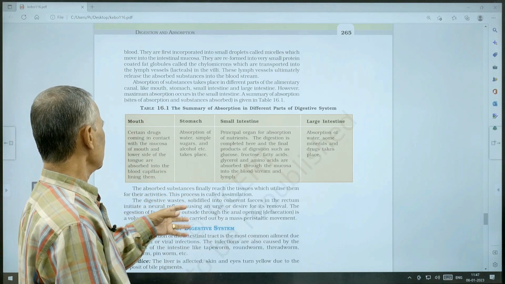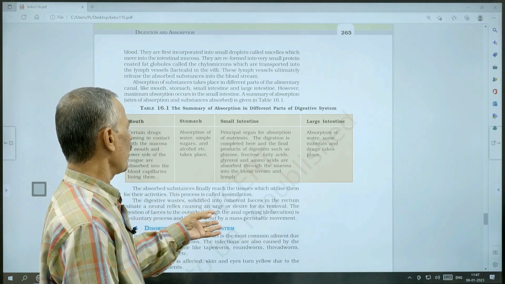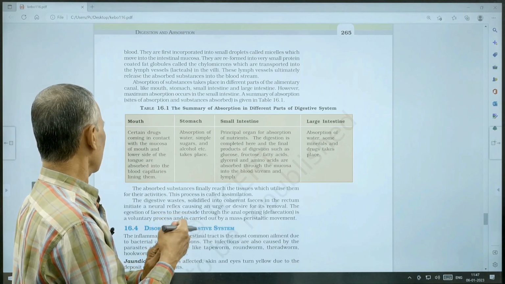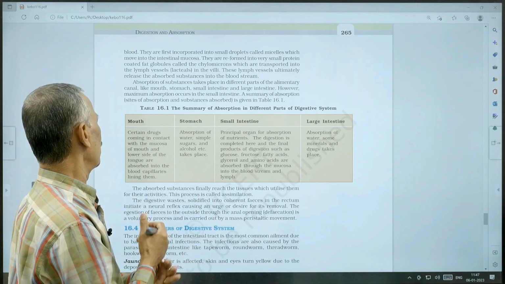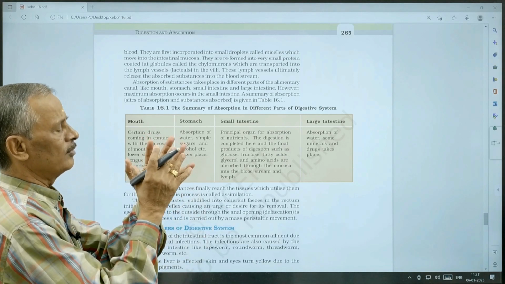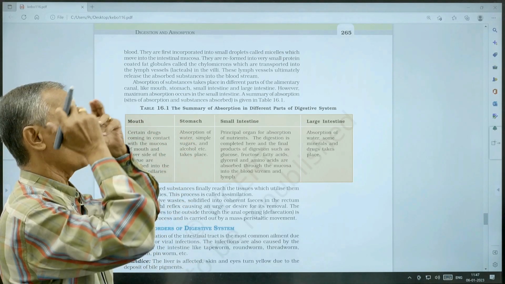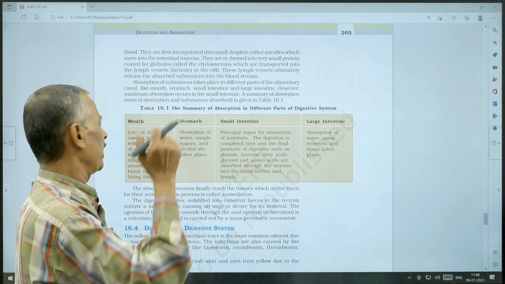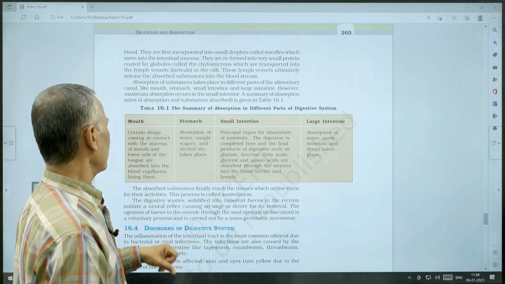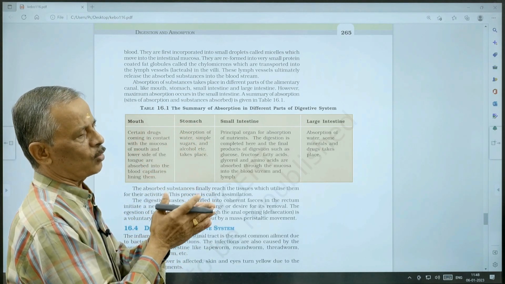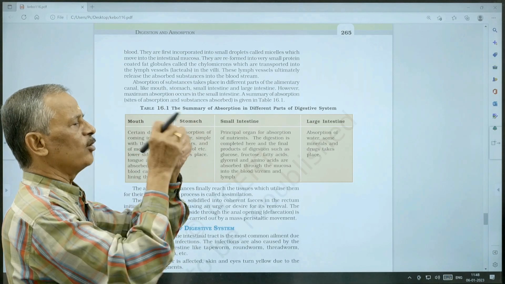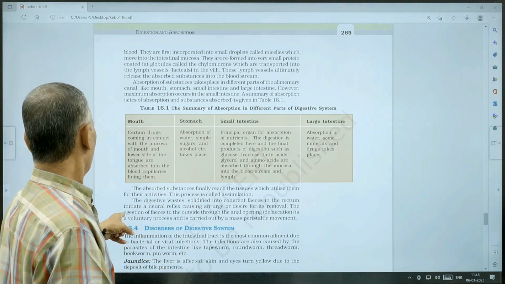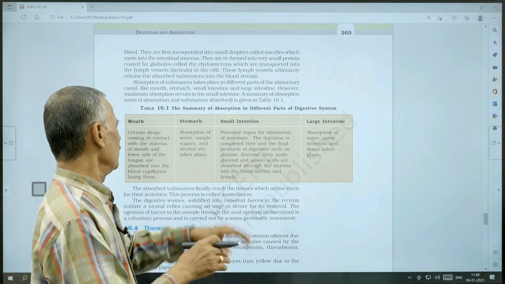And digestive waste, which is solidified into coherent feces in the rectum, initiates a neural reflex. When the rectum is full, it will cause a reflex and our brain will send a message so that the sphincter around the anus will be dilated and you will have a massive peristaltic movement, and through that the fecal material will be sent out.